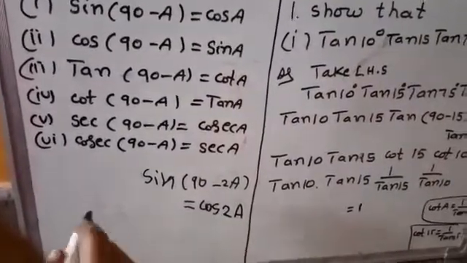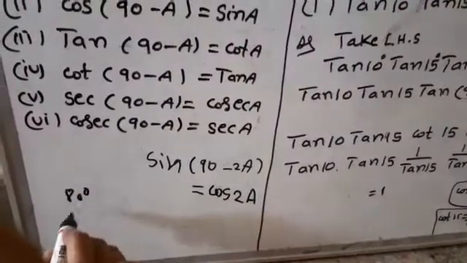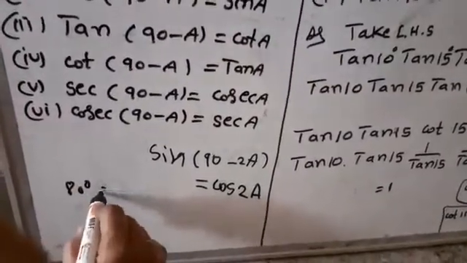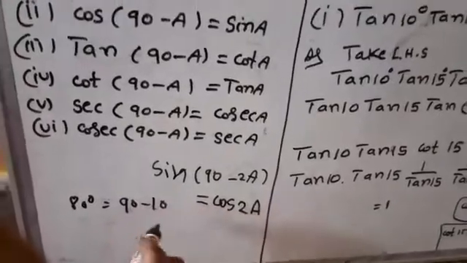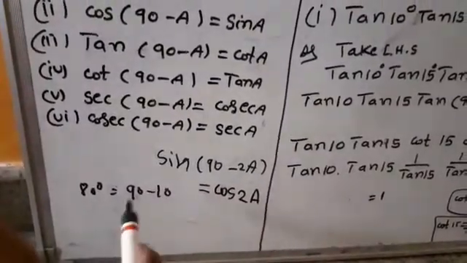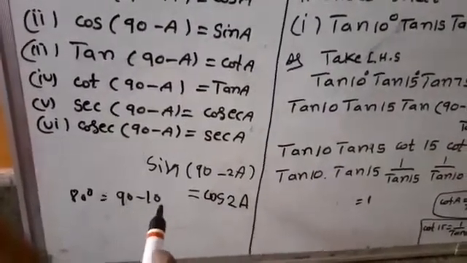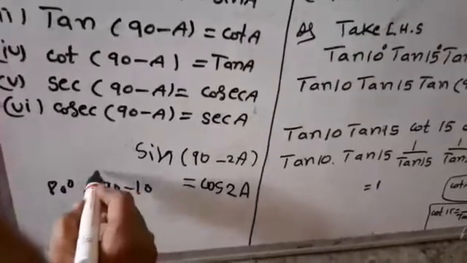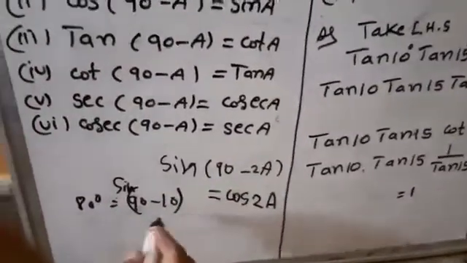Next, one more example. Here 80 degrees is there. We can write 80 degrees as 90 minus 10; 90 minus 10 is 80 only. So we should apply sine here: sine of 90 minus 10.